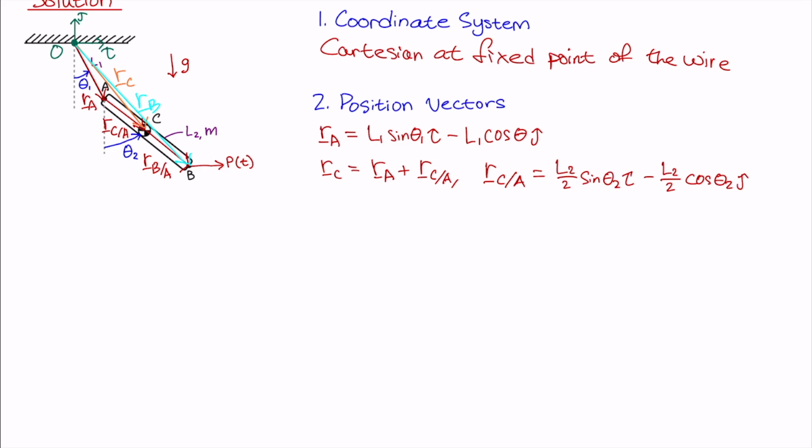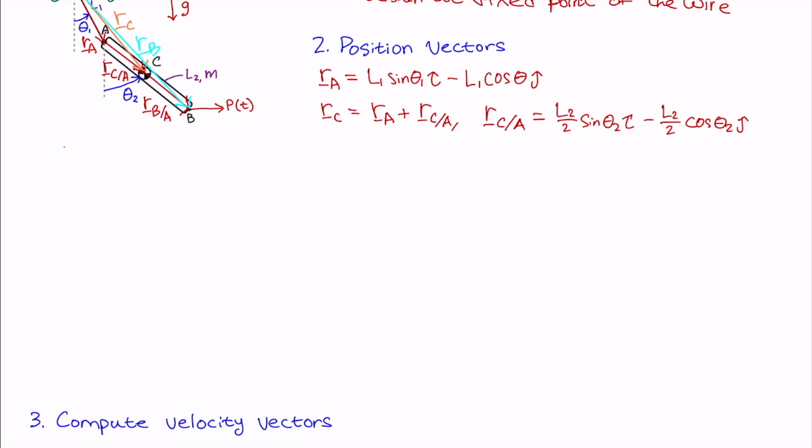Given that we now know RA and RC/A, we can find RC. RC is going to be equal to, grouping up the terms, L1 sine theta 1 plus L2 over 2 sine theta 2, all of that in the I direction, minus L1 cosine theta 1 plus L2 over 2 cosine theta 2, all of that in the J direction.